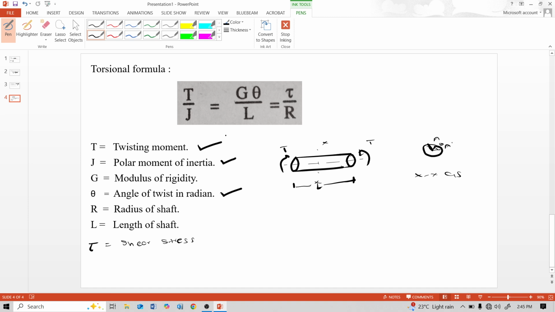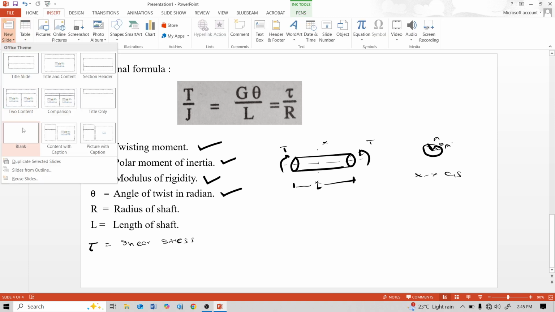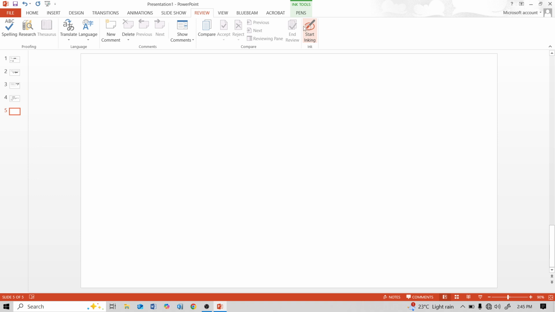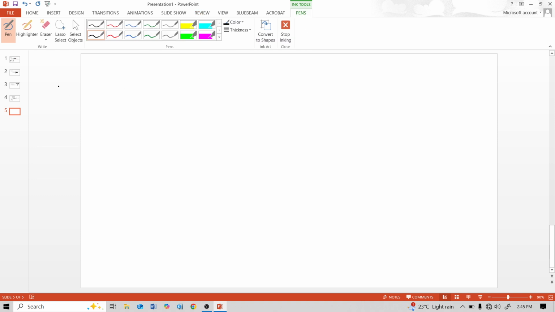Polar moment of inertia and modulus of rigidity. Modulus of rigidity, we already saw in our chapter 1, stress and strains. Once again, we see it. We also call modulus of rigidity the shear modulus.